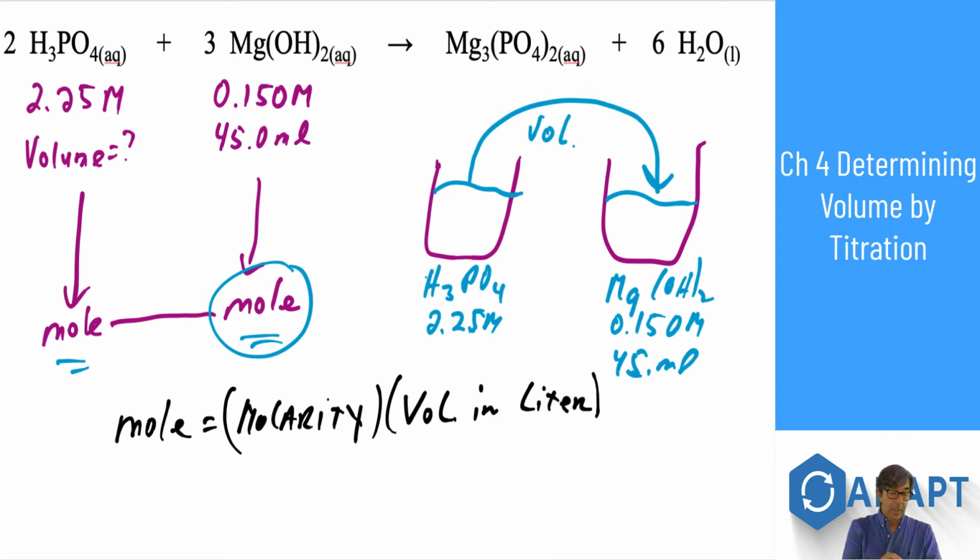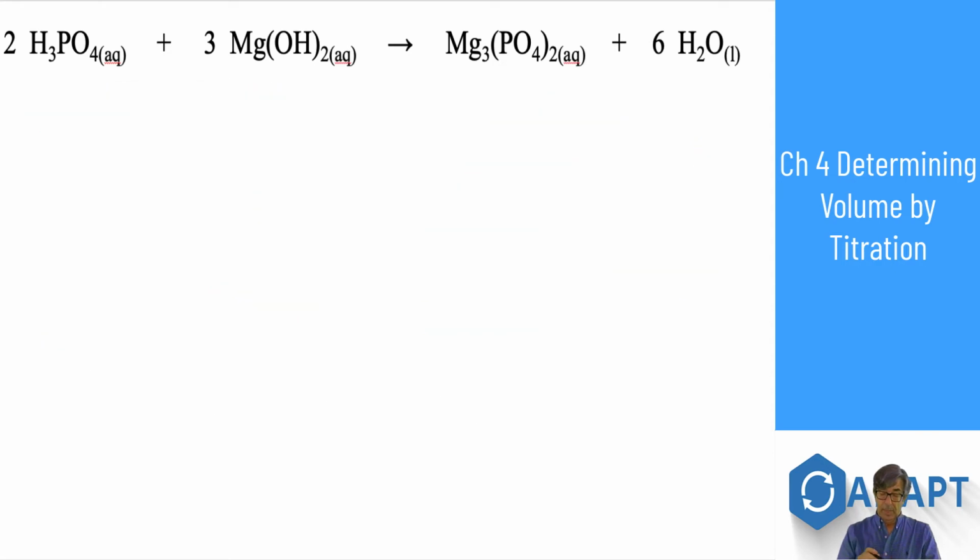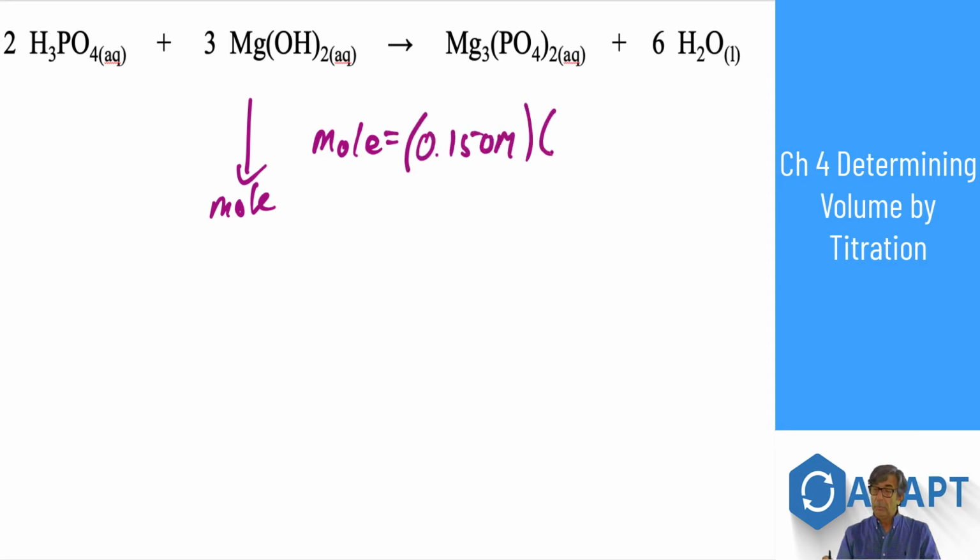So let's go ahead and start with the reaction, and go into the moles of the magnesium hydroxide that we have. So the moles of the magnesium hydroxide equals the 0.15 molar multiplied by its volume in liters.